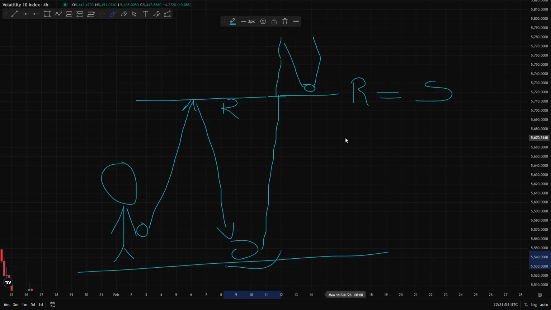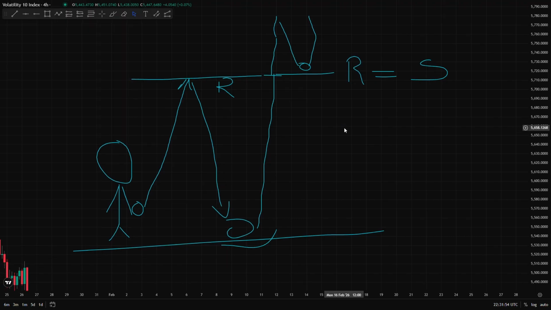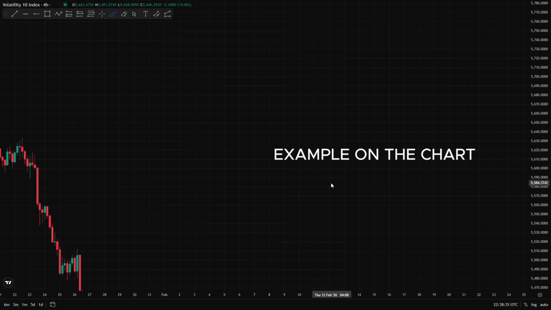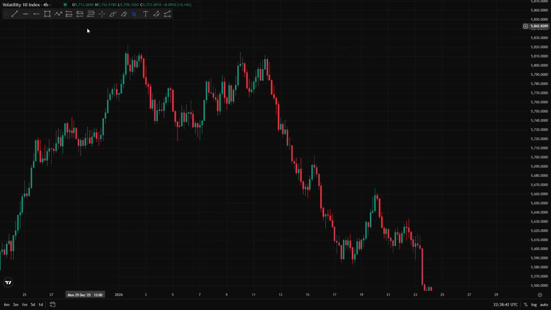When you reverse the scenario, we have a support turning resistance. In this movement, we're having a downtrend. The movement was down, then it got to this particular price. What happened when it got to the price? The movement was rejected at that price, causing it to go in the opposite direction.